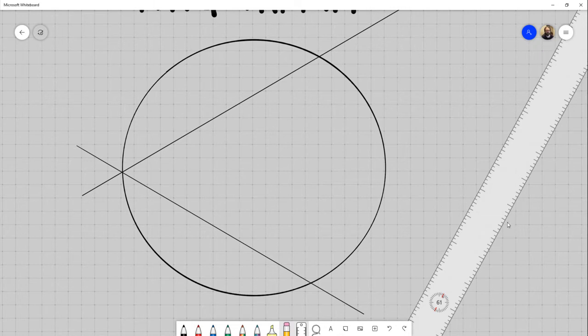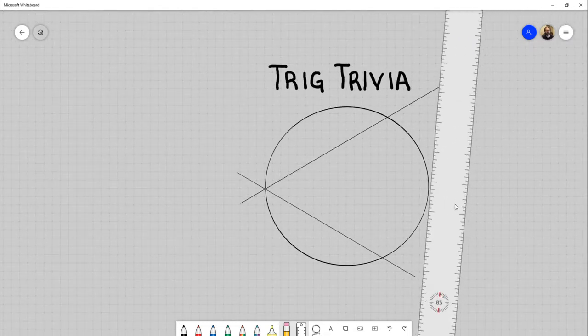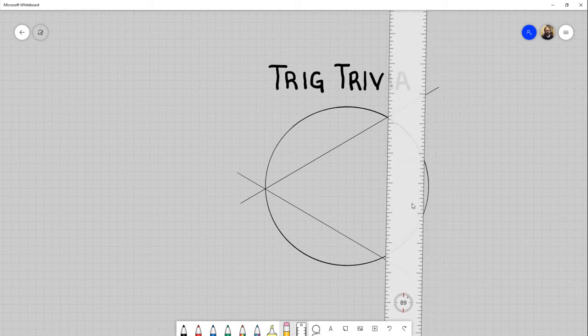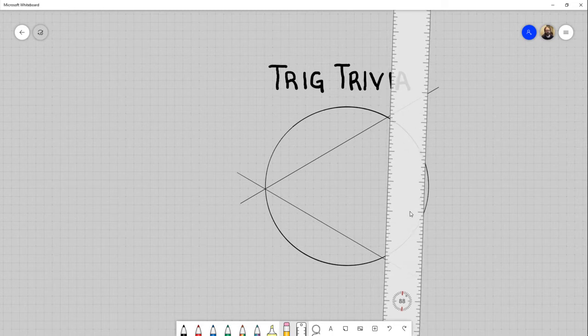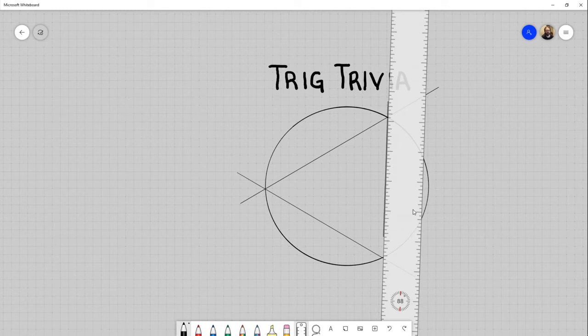Now, if I take these two chords and draw the line that connects them, 89 degrees is probably the best because I didn't draw perfectly, or maybe 88. We want this to be roughly correct. So if I draw another chord across the circle, we get a picture that looks like this.